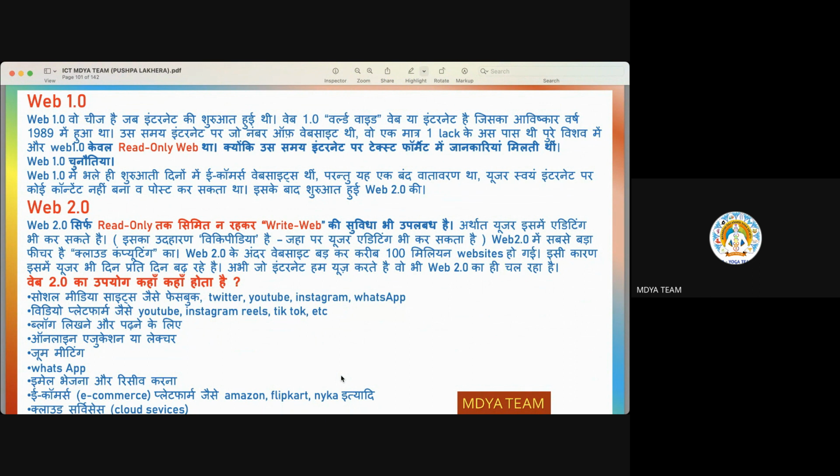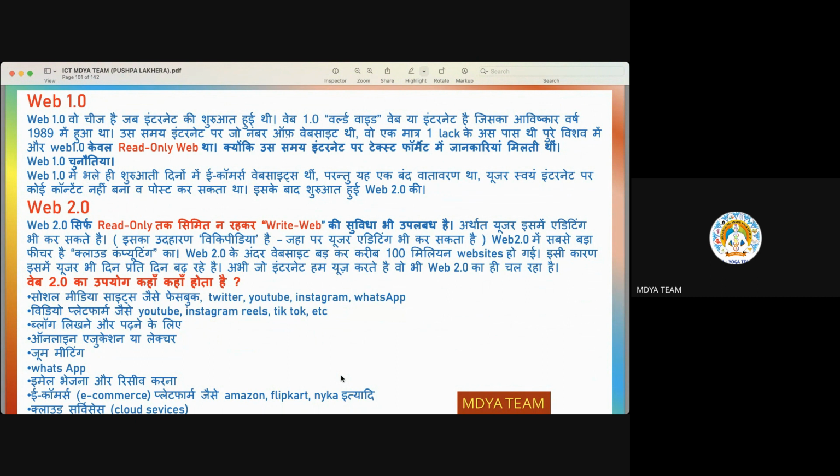And after that came Web 2, where it's not only read but you can write also. So it's communication to and fro. You can edit Wikipedia, users can give their feedback, or put in their knowledge or data.